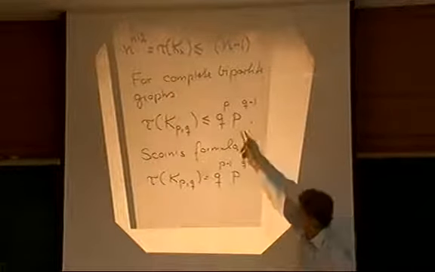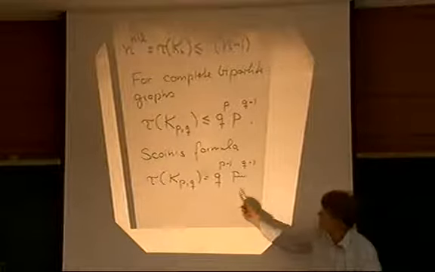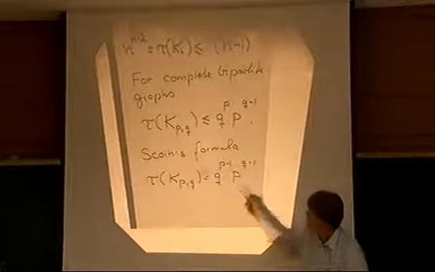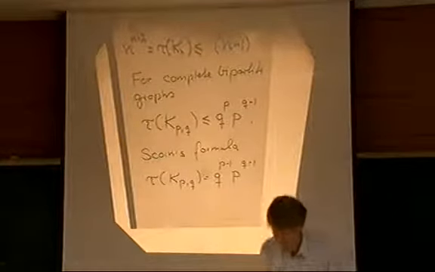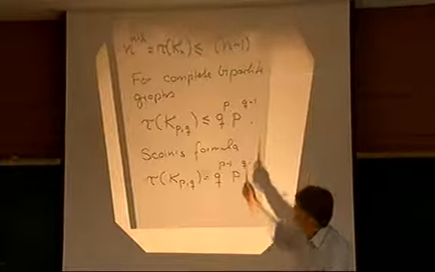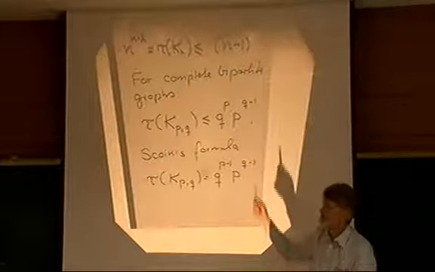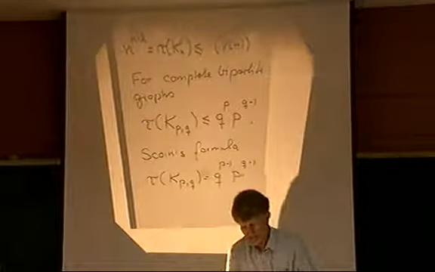So this one is what the trivial upper bound gives, and here is the right answer. It's called Scoins's formula, and you see this one is similar to this one. It's not that much different. So it seems that this trivial upper bound is good for dense graphs. It is not so good for sparse graphs.